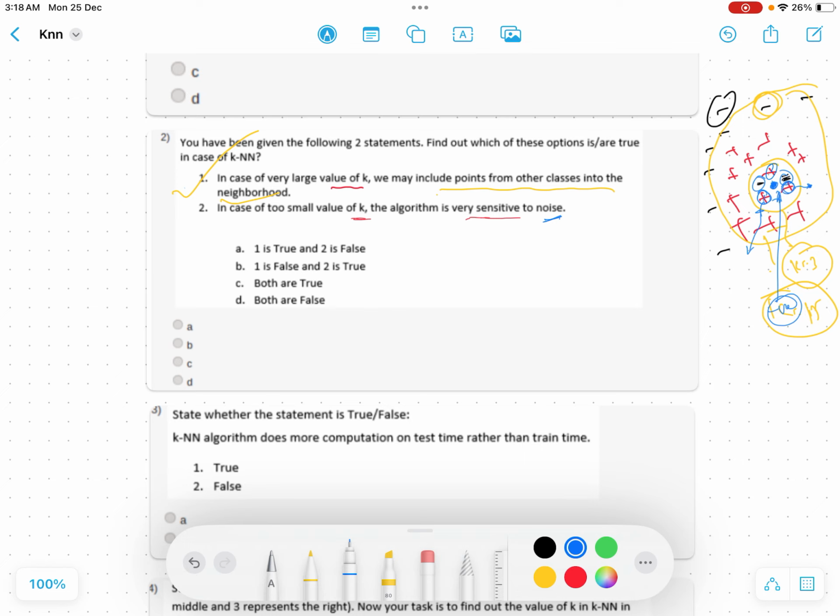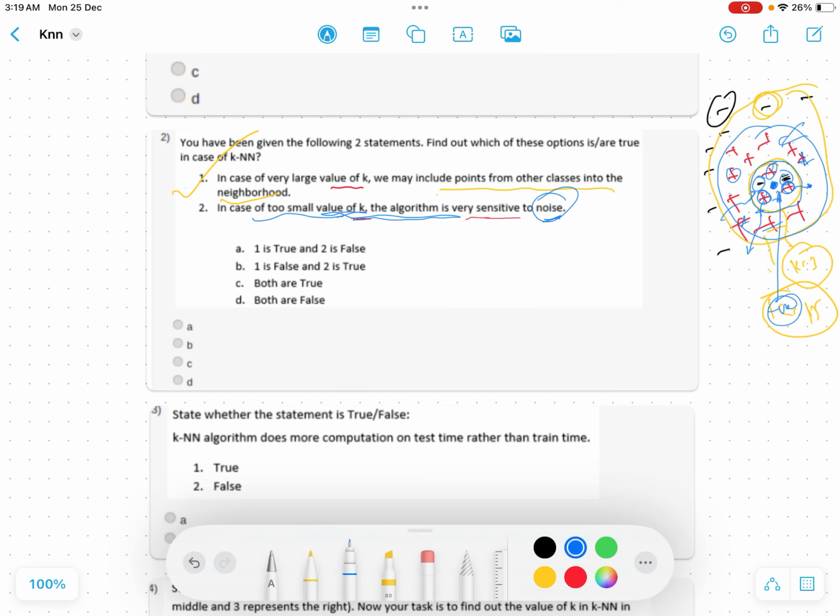So you see that due to noise, in the case of a too small k, this is not going to capture a lot of neighbors. And if it has a large k, then even if there is some variation in these data points, we still have a large number of positive class points in comparison to negative class points.